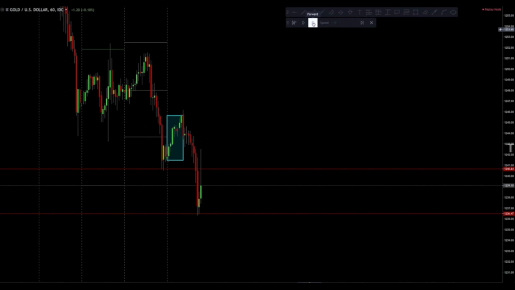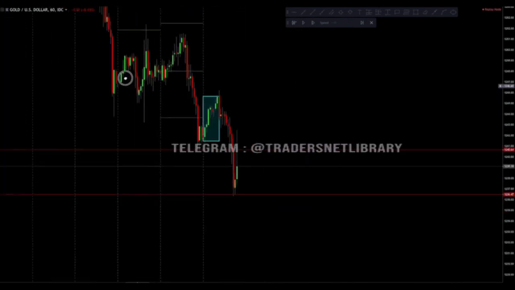Massive spike to the upside. Again, what this shows you is that we are creating new lows. Look at it.